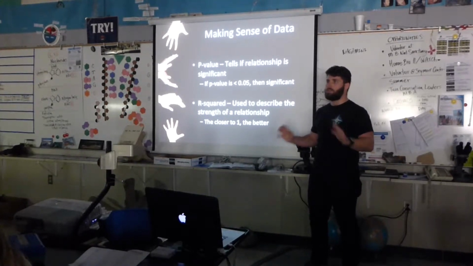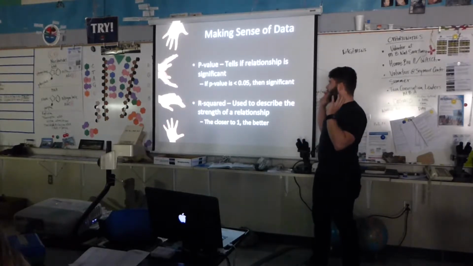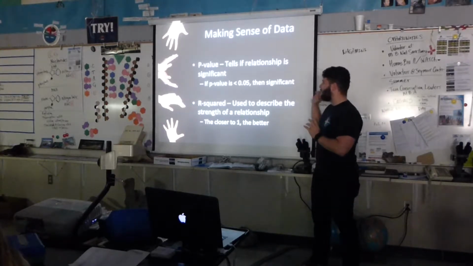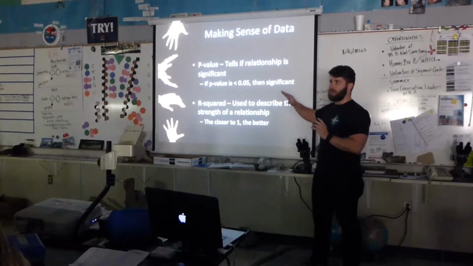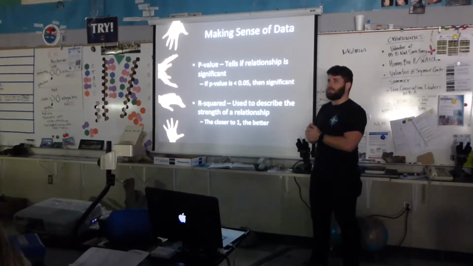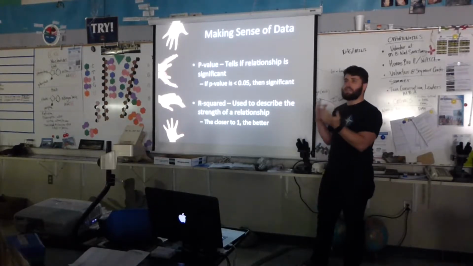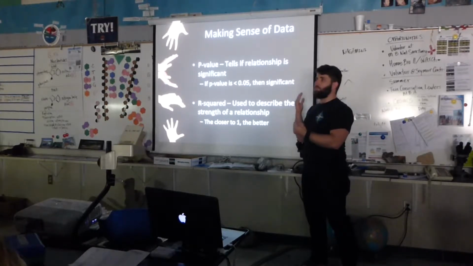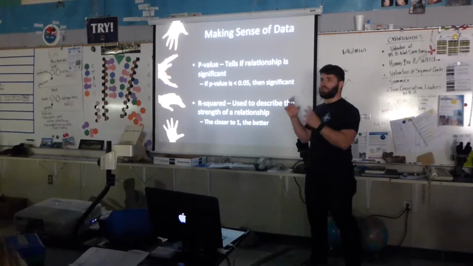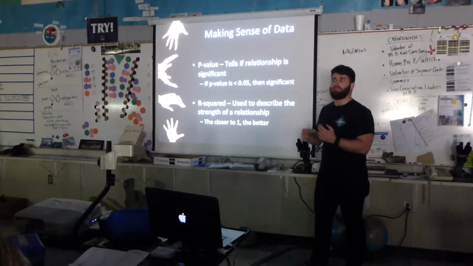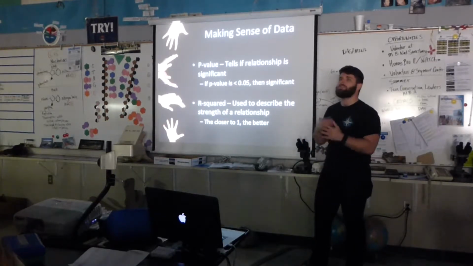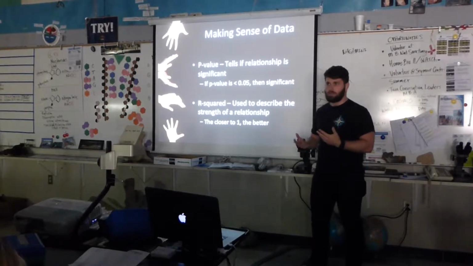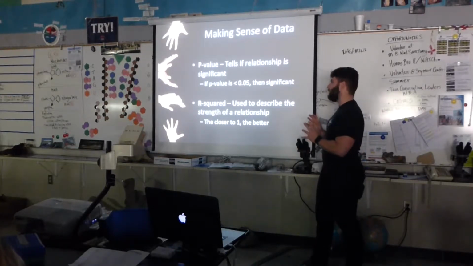There's actually a huge debate about that, but for the sake of what you're doing, that's the way it is. Okay? Even though it might not be significant, you can still say something, because you'll have means that are apart and different, but the error gets in the way, so it's not significant, but it's still something that's different. You observe that the means are different, so it's still a conclusion that you can make. So don't get too hung up on significance.